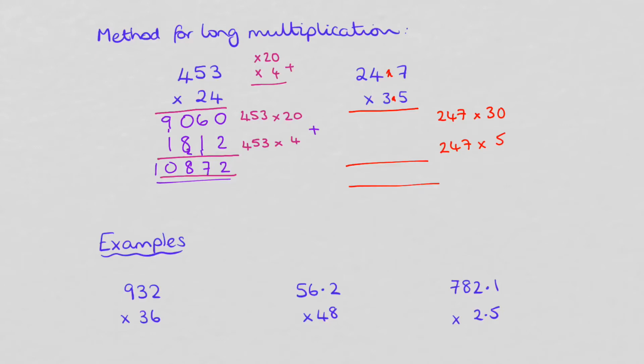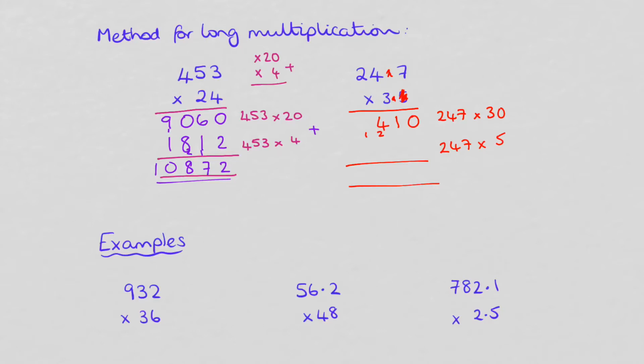Okay, so doing 247 times 30. What we're going to need is a 0 in here, and then we ignore the 5, pretend it's not there, and do 247 times 3. So we're going to do 7 times 3 is 21. Then 4 times 3 is 12, add the 2, makes 14.